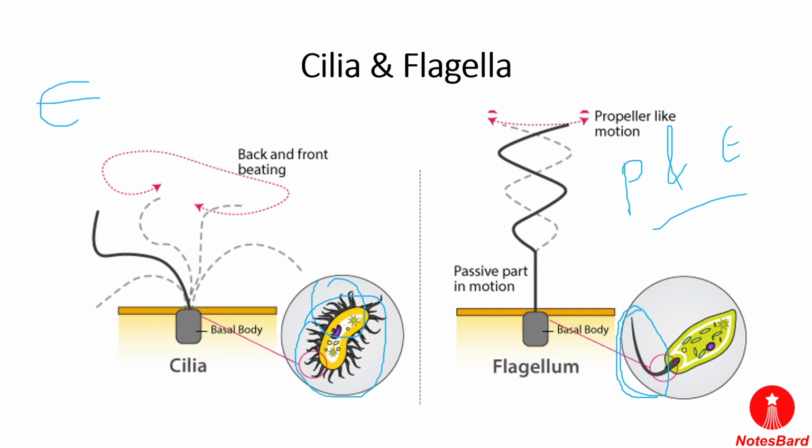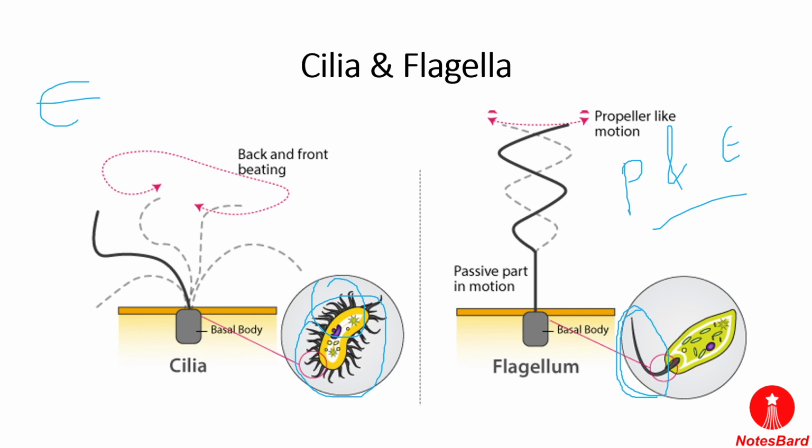Next, cilia are present throughout the surface of the cell, whereas flagella are present only at the ends of the surface. So through the figure also we can detect the difference between the two. If we talk about the density, cilia are present in many, like in hundreds per cell, but flagella are present in few per cell.